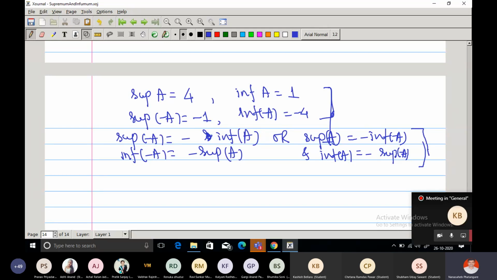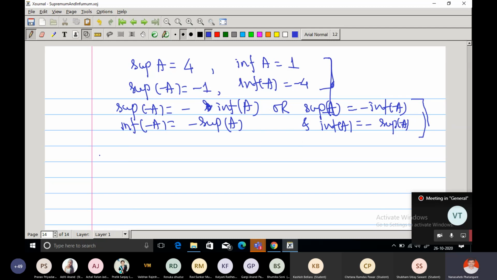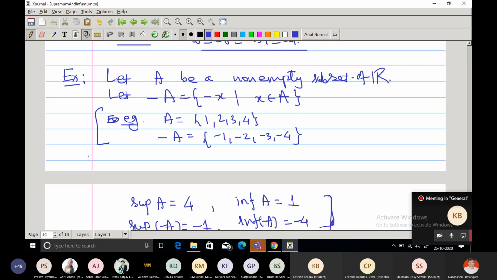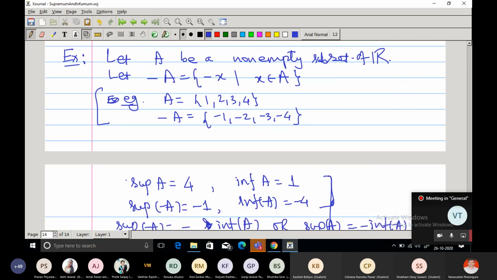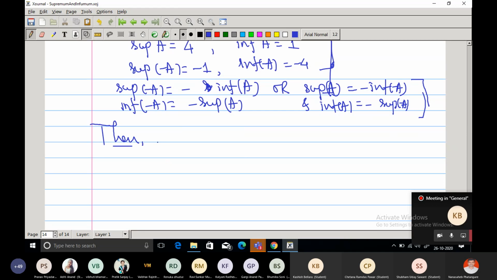And is it true in general? Yes, sir, it is true. Then what is our conclusion? Now we'll see the proof in general, right? To prove something, a particular example is not sufficient. Why am I giving an example? To realize what is actually the situation, so that you can imagine what the general situation could be.